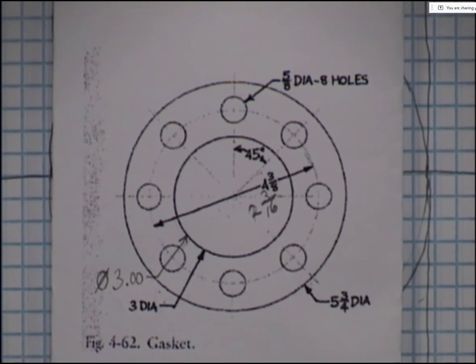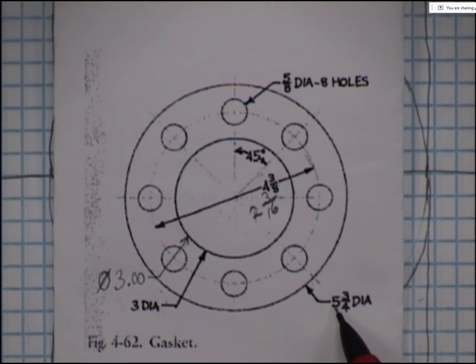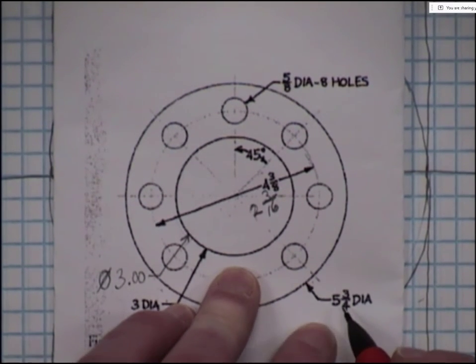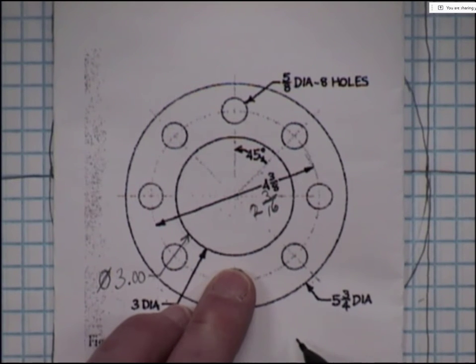So the third circle that we're going to create for this drawing is that outer diameter. And the outer diameter is this very large number here, the 5 3/4 inch diameter. And so again, we need the radius. So if we divide 5 by 2, we get 2.5.